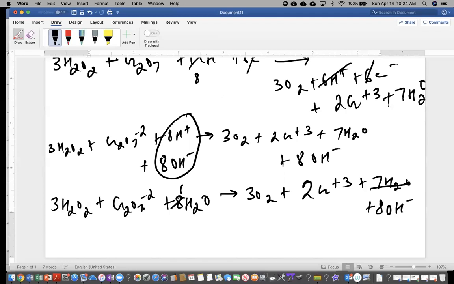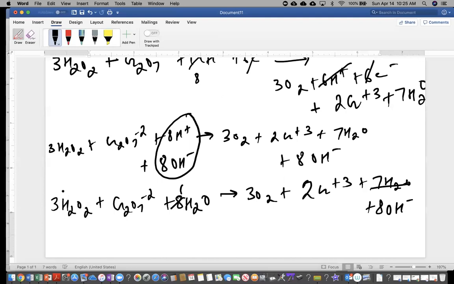That's 13 oxygens. And then 1 water, 14 oxygens. Here I've got 6 oxygens and then 8, and that's also 14. Then I've got 2 chromiums on each side. And I think everything else we just checked. So everything's balanced.